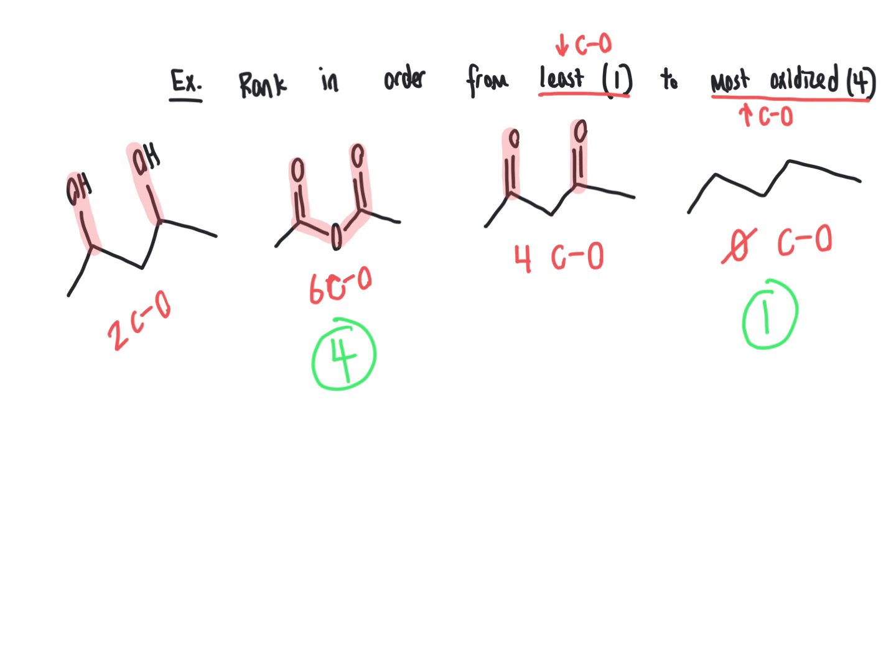So that will allow us to rank that as number 2 and as number 3 in our lineup here of ranking from least oxidized to most oxidized. And this is one of the key skills in evaluating structures and comparing them and determining what reaction has happened or predicting what types of reactions will happen with them: looking at their oxidation state.